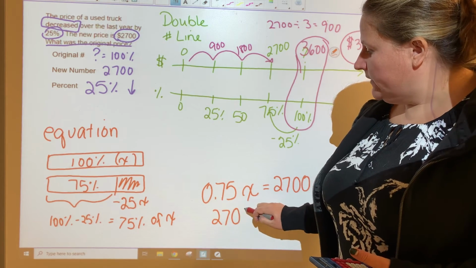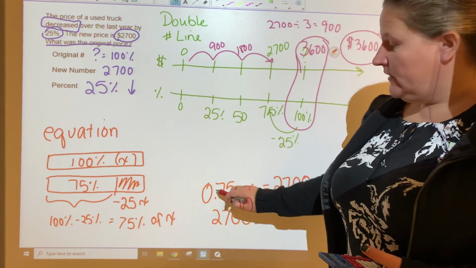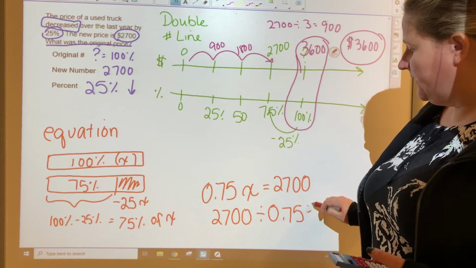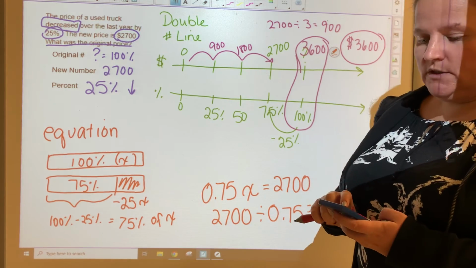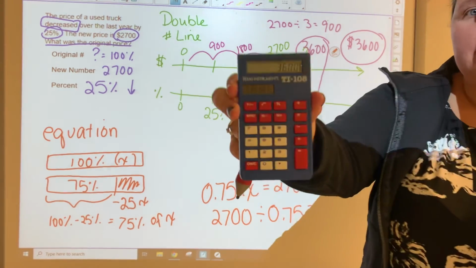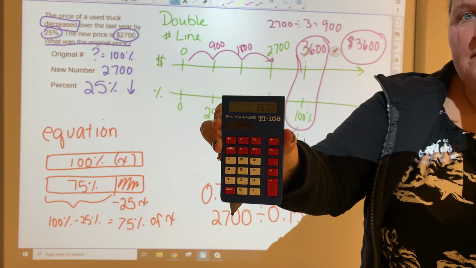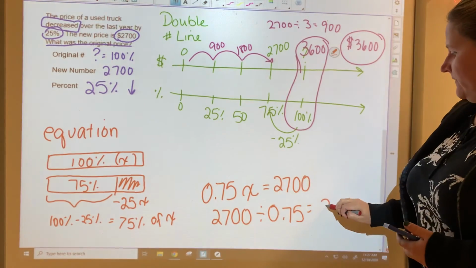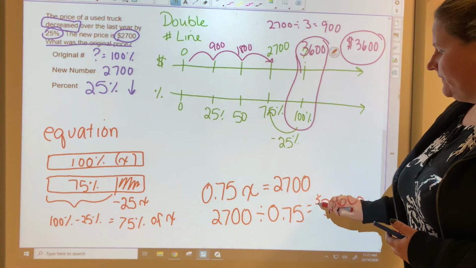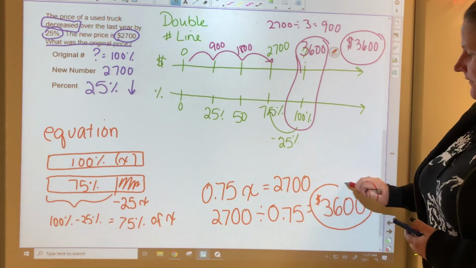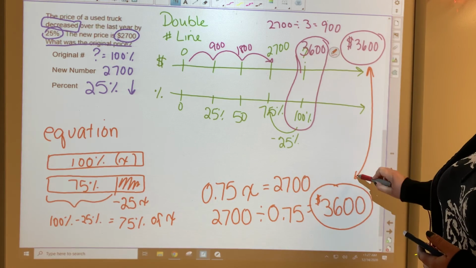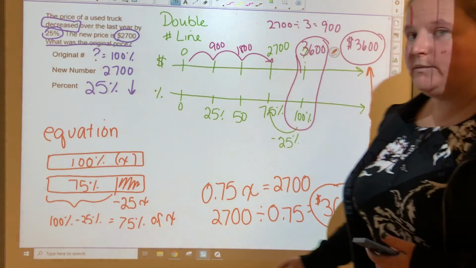So I'm going to do 2,700 divided by 0.75. I don't know if you can see it on my calculator, but it says 3,600. So we got the answer 2 different ways.